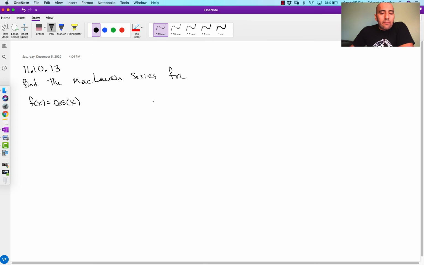So the first thing I would recommend is, jump over and look at your formula, right? If there is a Maclaurin series, it's got to look like this: n goes from 0 to infinity of f to the n of 0 divided by n factorial, x to the nth power. Right? That's what it looks like.